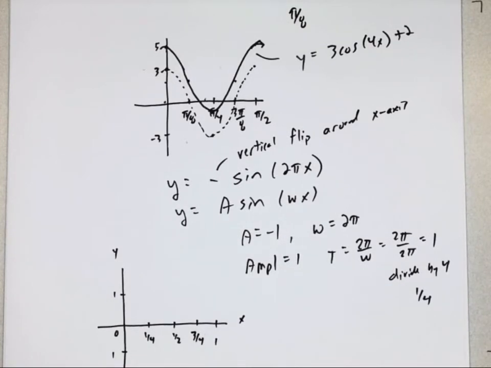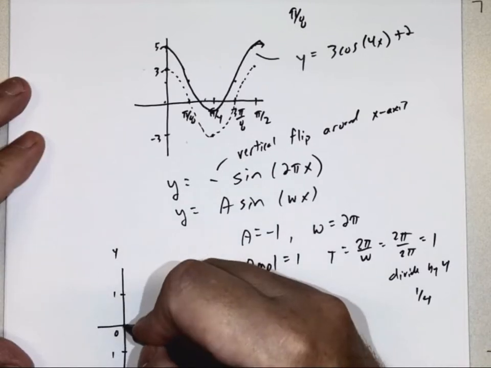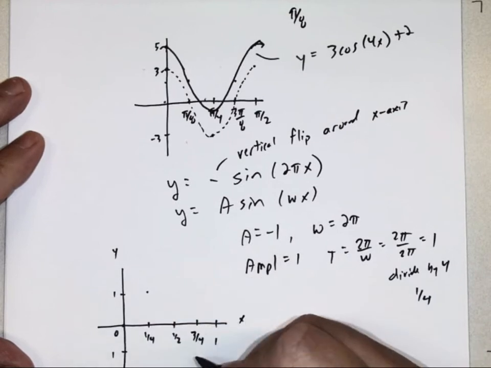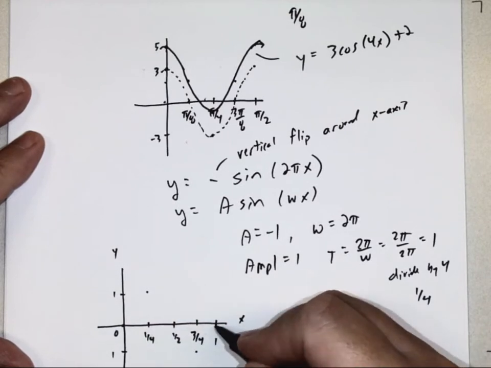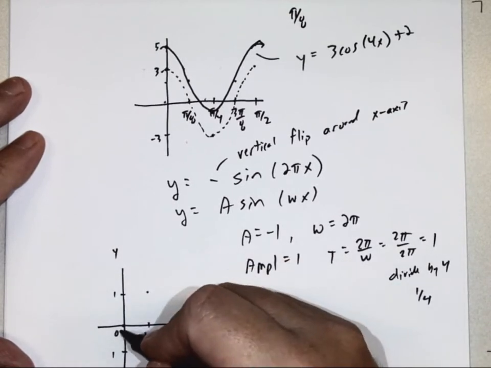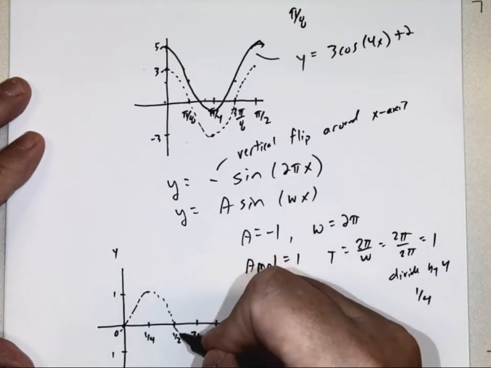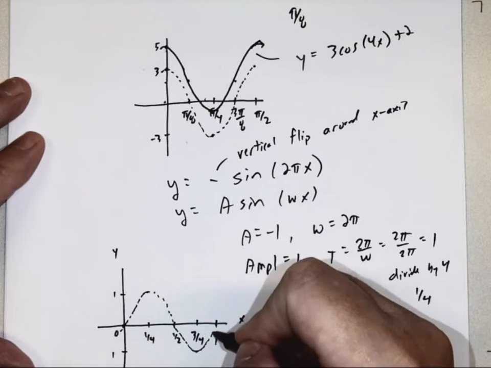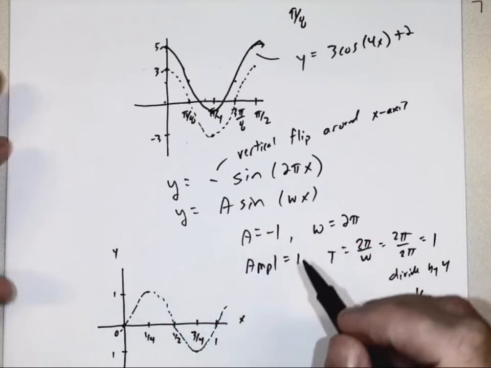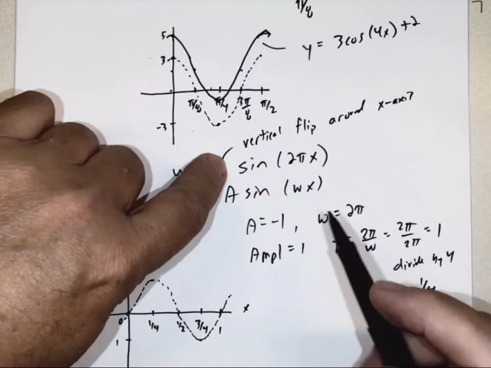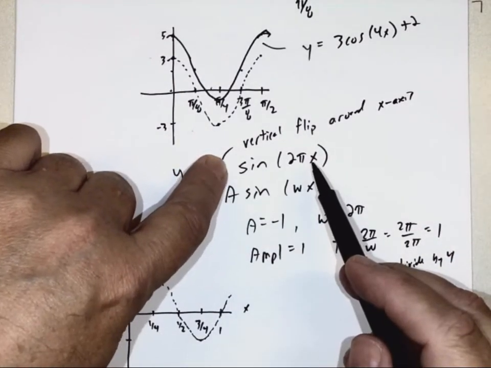Now since it is a sine wave, it starts at 0, goes high, back to 0, goes low, back to 0. So this right here is the graph of sine of 2 pi x.